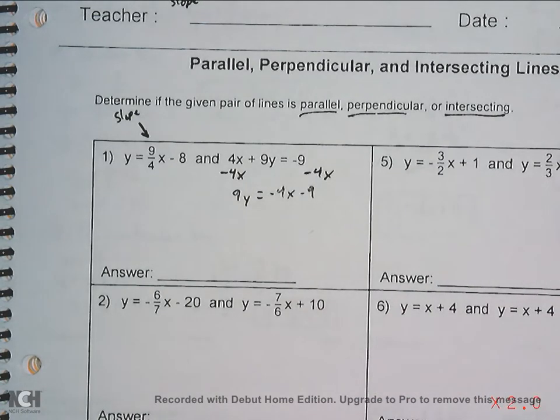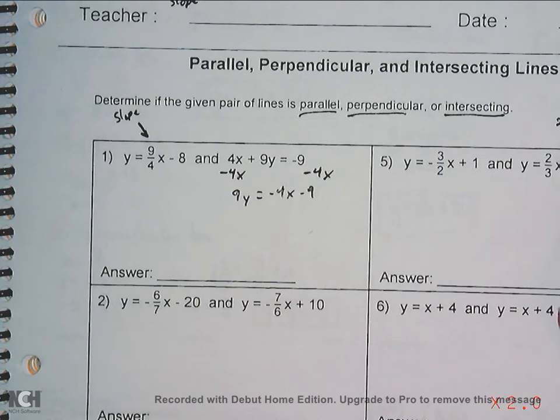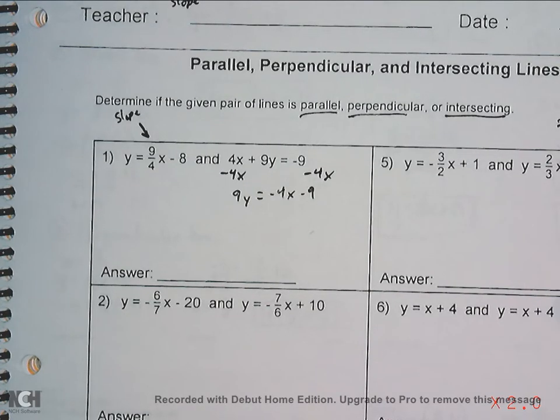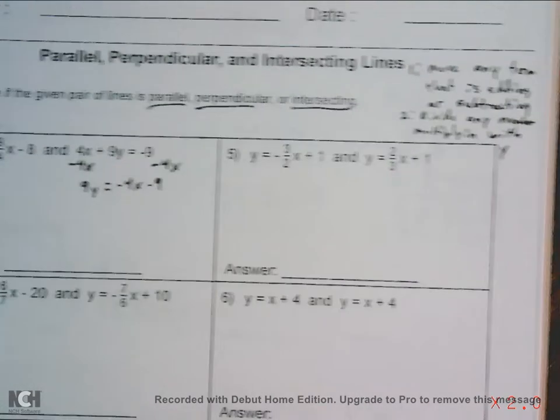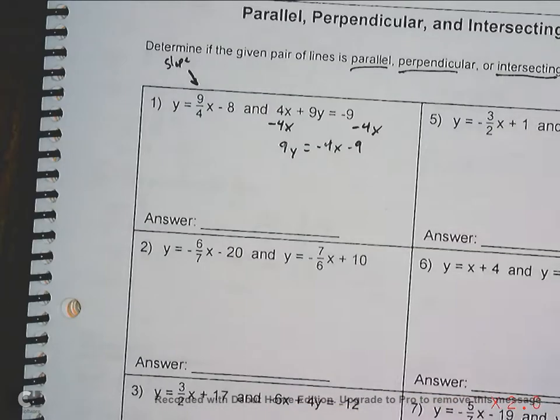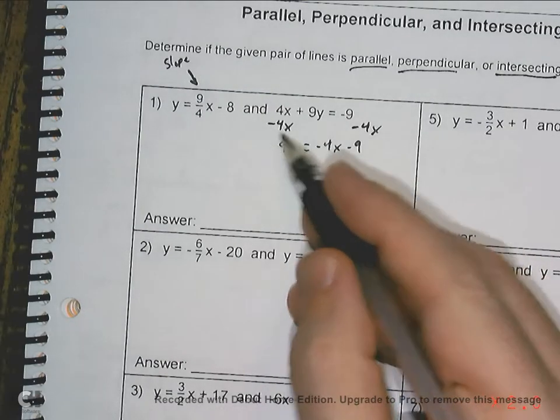And then the next step is to divide any number multiplying with y. Here, 9 is multiplying with y, right?